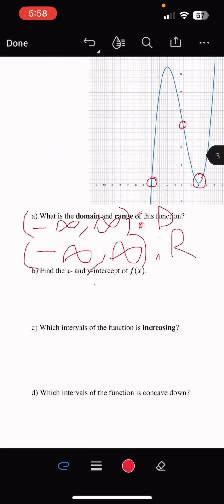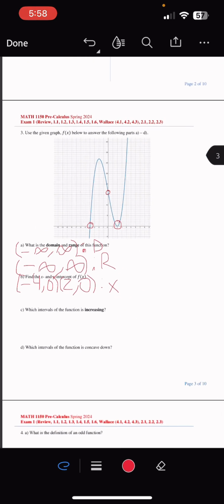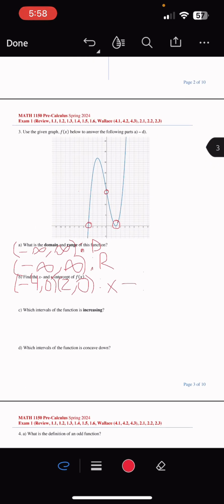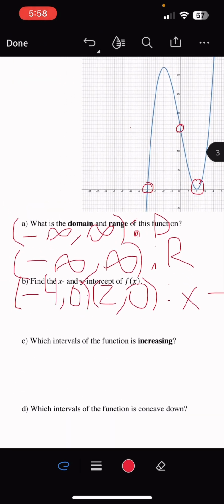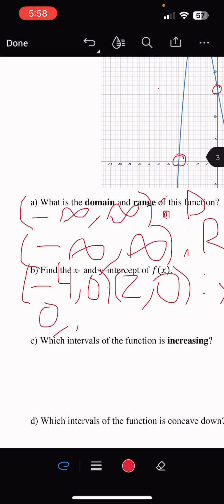So your x-intercepts are going to be at (-4, 0) and at (2, 0). And then your y-intercept is going to be at (0, 16).